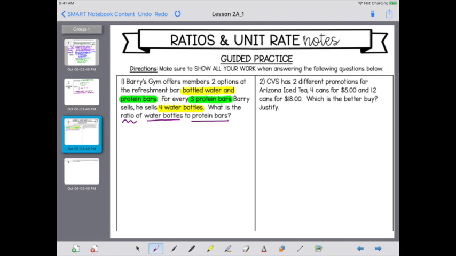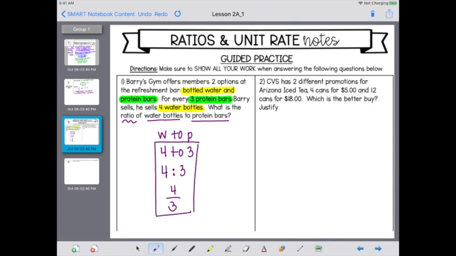So what I'm going to do is I'm going to say, okay, water to protein bars, and then I'm going to go back in my problem and see which is going to go first. So 4 to 3, I can rewrite it in 4:3 or 4/3. Even though you can simplify this improper fraction, we want to keep it as an improper fraction. So any one of those ratios would be the answer.